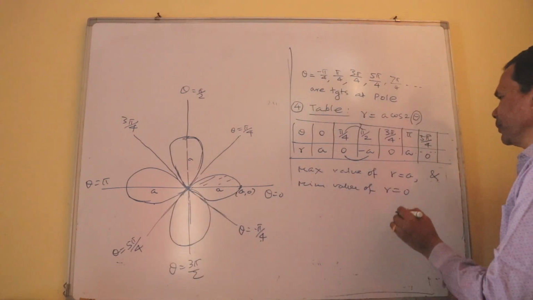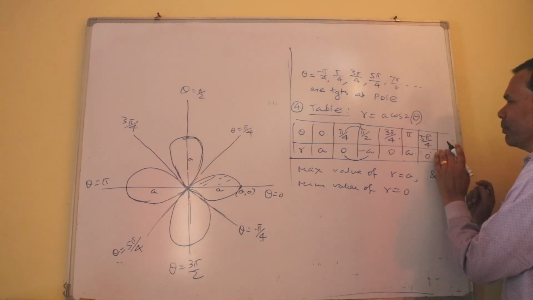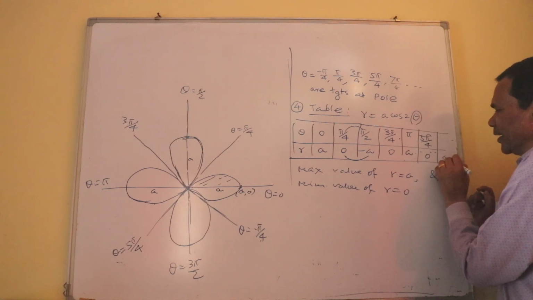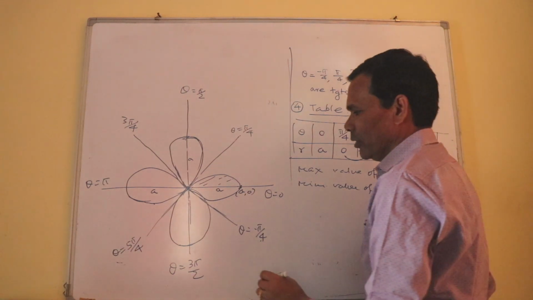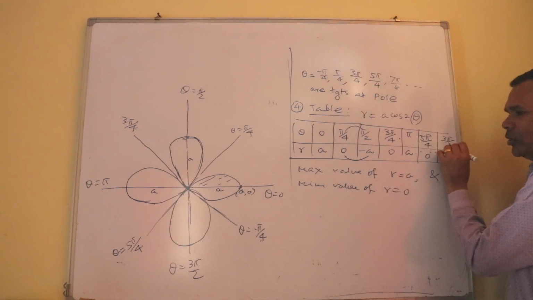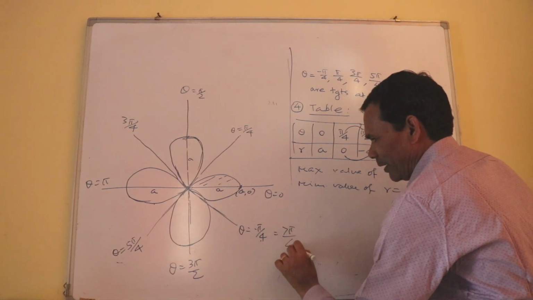Again from 5 pi by 4 to 7 pi by 4, this is 5 pi by 4. The next is pi, 5 pi by 4, and so on. This again becomes a for this value, 3 pi by 2, and this is nothing but 7 pi by 4.